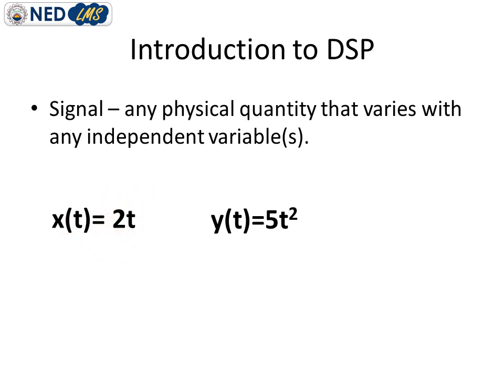We may have another equation such as z of t is equal to 5t cube. So in this expression we can say that the signal varies cubically with t.